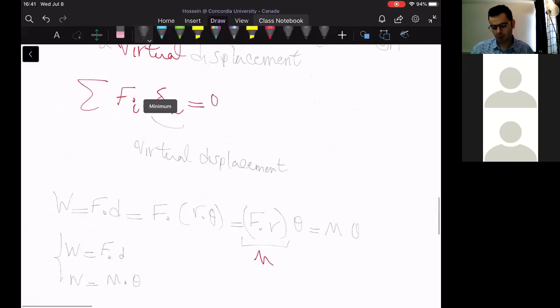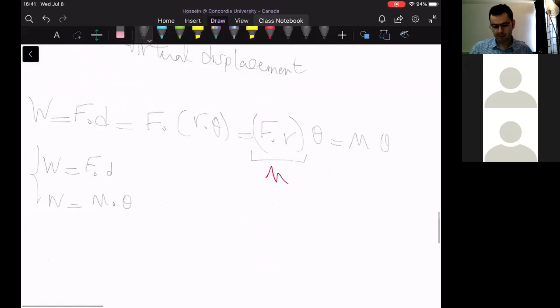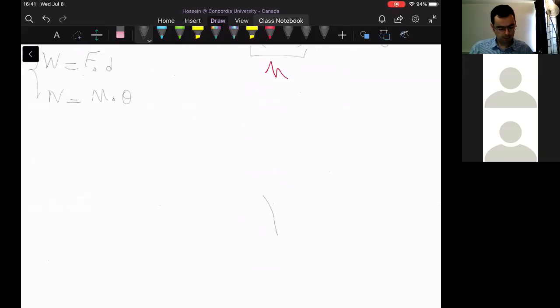The principle of virtual work makes it possible to find the conditions of equilibrium of a system without introducing unknown constraint forces, which significantly simplifies the solution. So let's start and derive the virtual work. Before we proceed further, I want to compare Newton's law and the principle of virtual work.